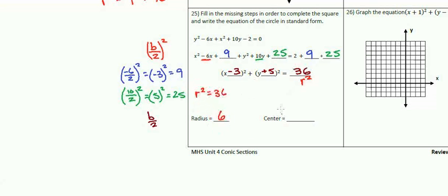And then for the center, we find that by finding h and k. In this case, h, remember we flipped the sign when we're dealing with a circle. The h value is positive 3, and the k value here is negative 5. So our center is found at (3, negative 5).